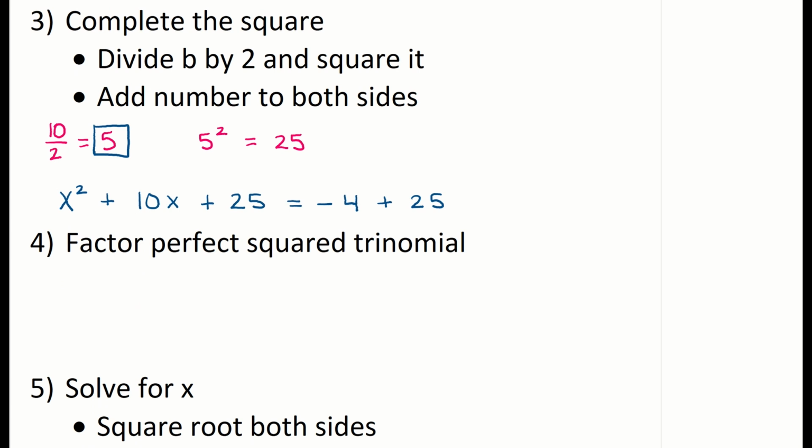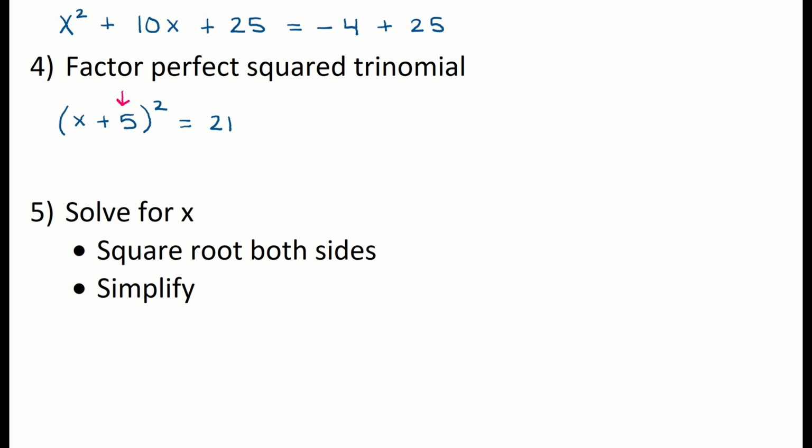And this is why I put this 5 in a box, because the perfect squared trinomial factored is just x plus 5 squared. So whatever number you have in that box is the number that goes in here. Now that is equal to negative 4 plus 25, so it's equal to 21.